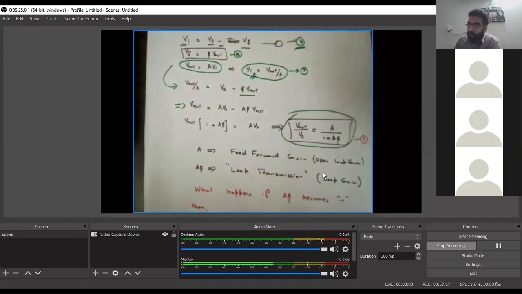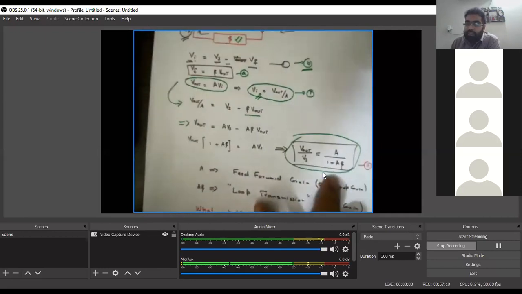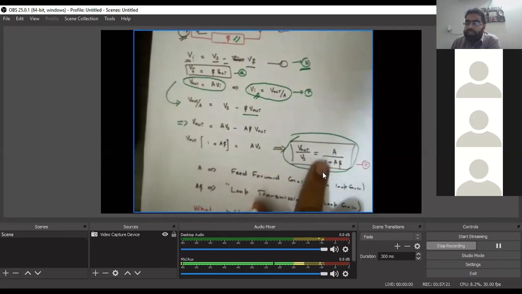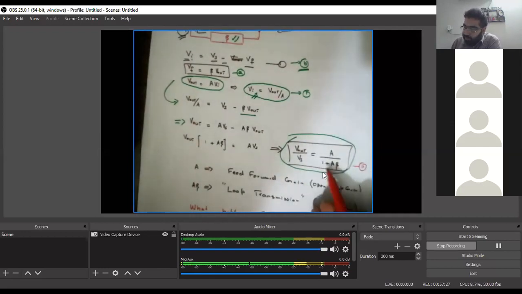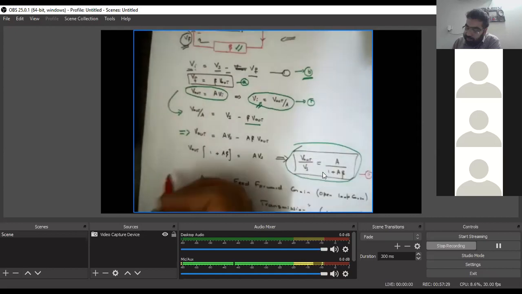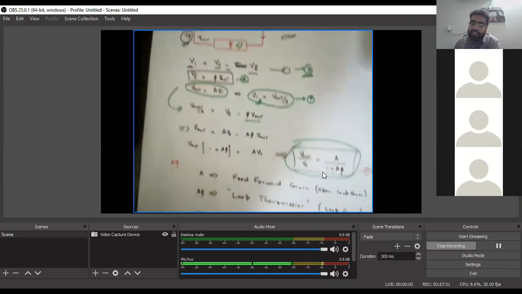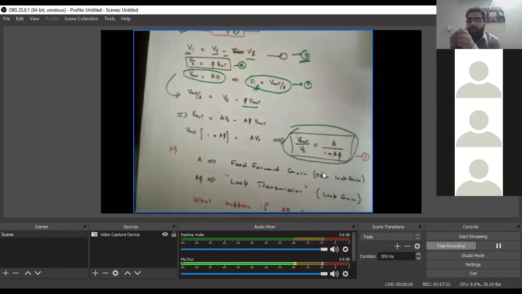So now we were talking about this response, which is Vout by Vs equal to A divided by 1 plus A multiplied by beta. If, for example, A times beta, which is the loop transmission gain, becomes minus 1, what will happen?